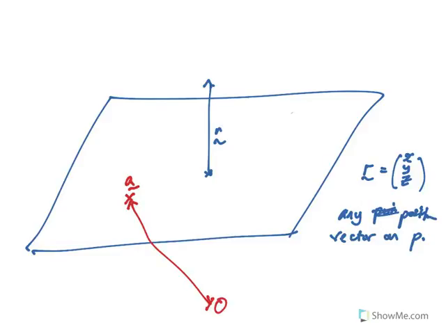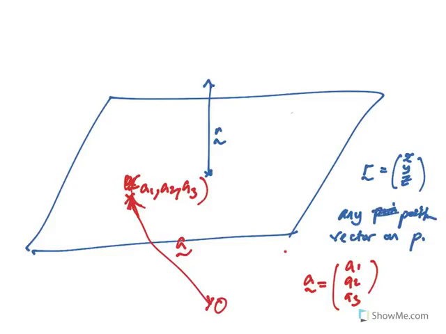The point A lies on the plane, and the position vector A also directs to a point on the plane. If A is A1, A2, A3, then this point A1, A2, A3 lies on the plane.